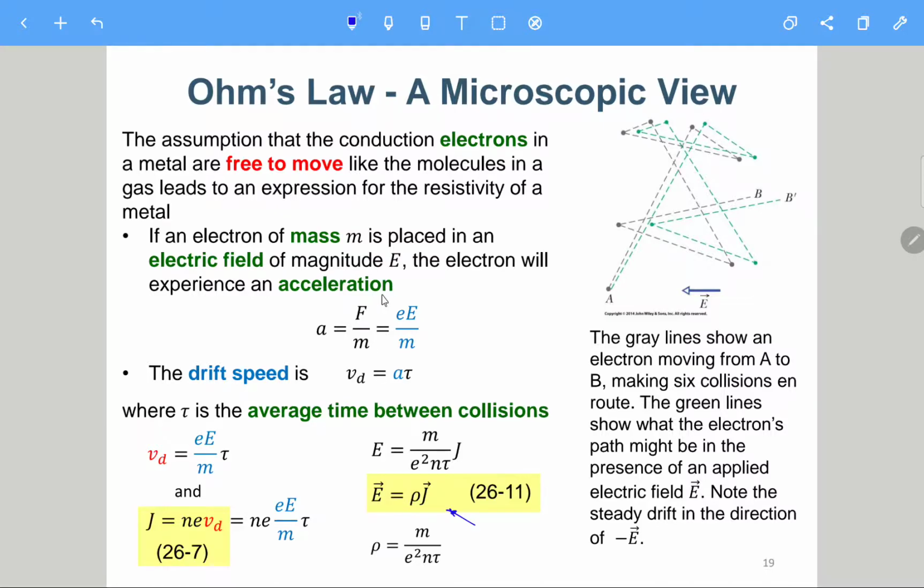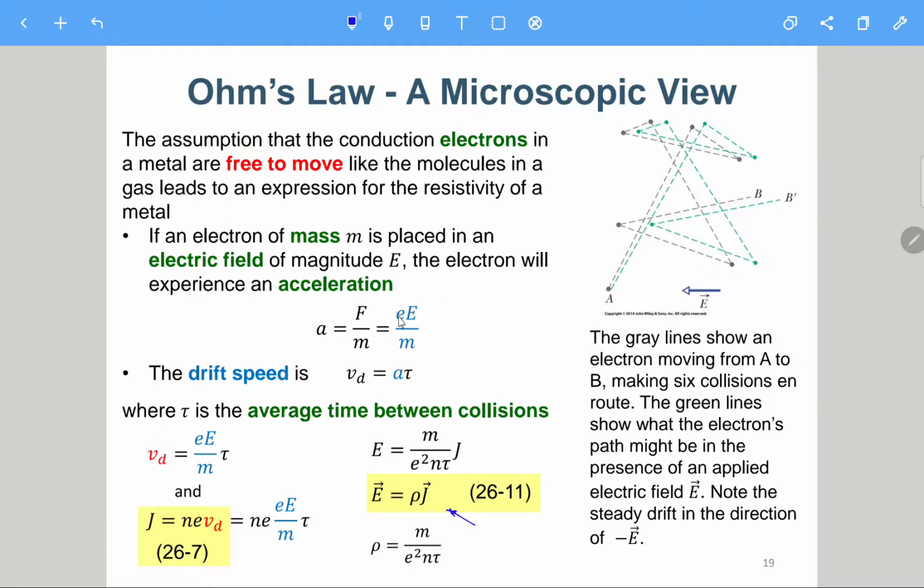And according to what we have learned, the electrostatic force is the charge multiplied by the electric field, F equals eE. It is an electron, but we just ignore the direction and the signs.